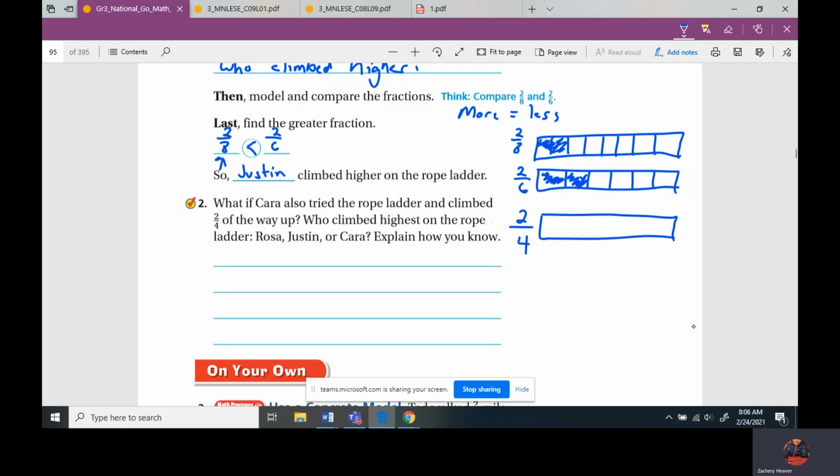So now let's look at hers: 2, 3, 4. Look how much she's done. She's still past everybody. So Kara will climb the highest.